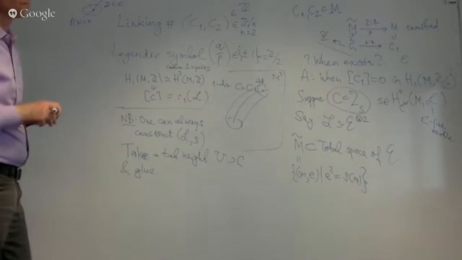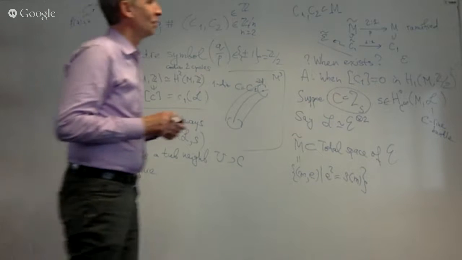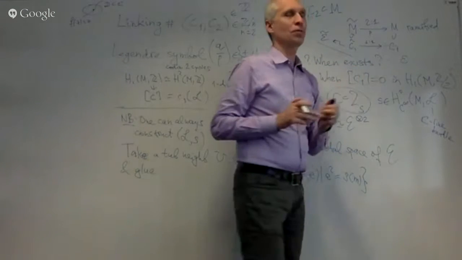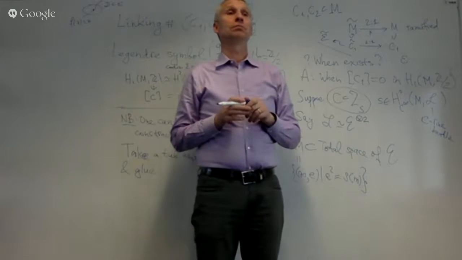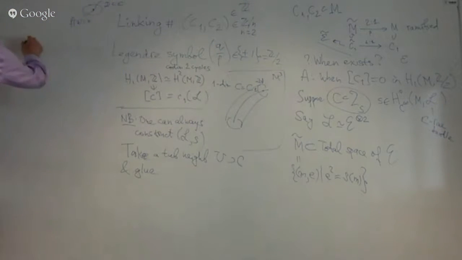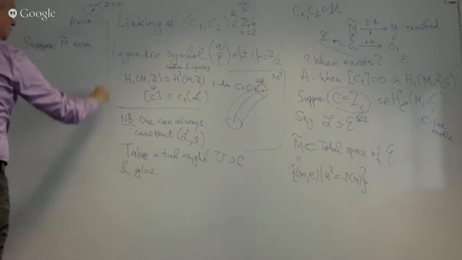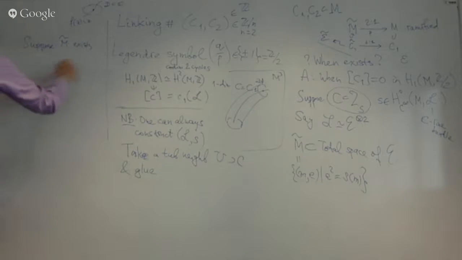Now, conversely, suppose I have a cover. Let me prove, for instance, that the intersection number of this C with any surface is divisible by 2. Let me prove this. Suppose M tilde exists. Then this would be C, right?